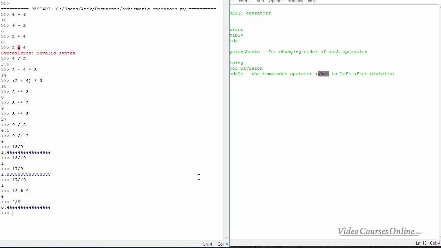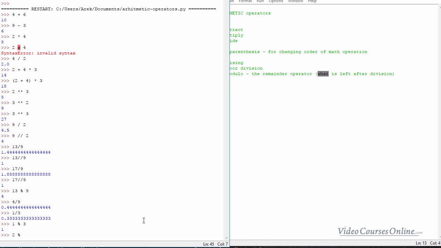So let's train it a bit. When you have, for example, 1 divided by 3, the result is 0.33333, right? And this thing is the numerator, and this is the denominator. So if I did 1 modulo 3, I will get as a result 1.